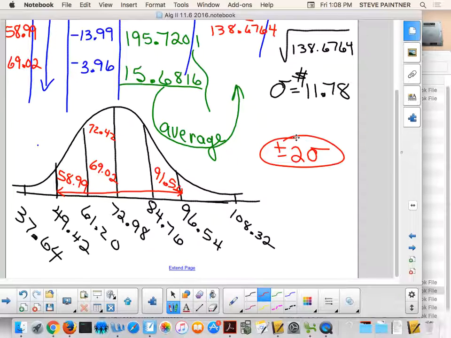Second question. How many costs fall within one standard deviation? How many of your data fell within 1? 2 on this side and 1 on this side. None. So 2. Okay, so the answer was 2, not 2 sigma, just 2.